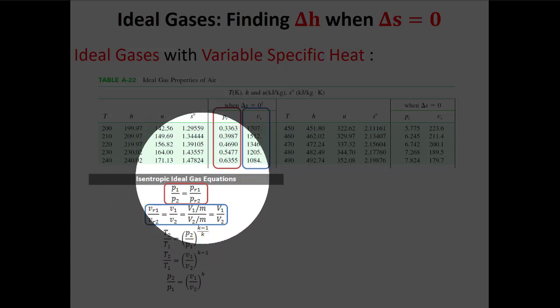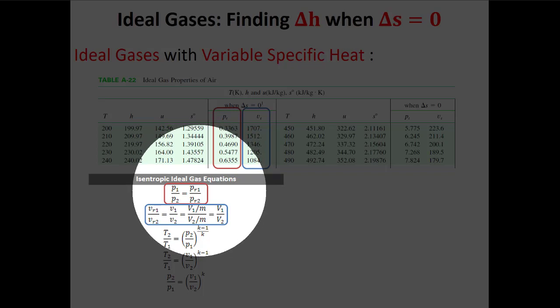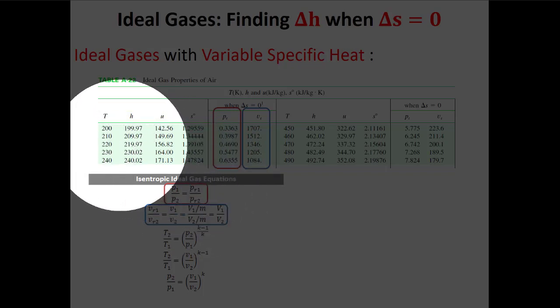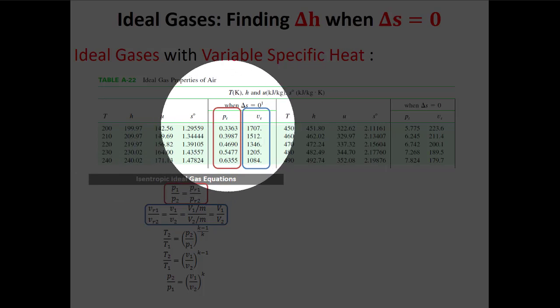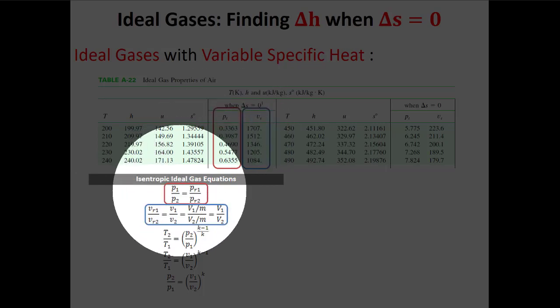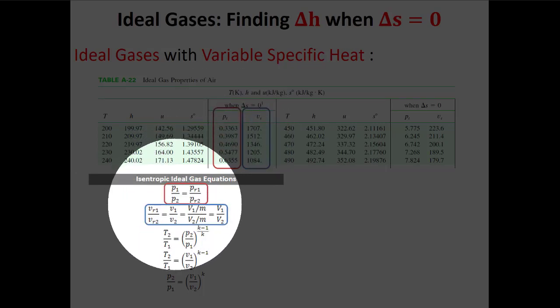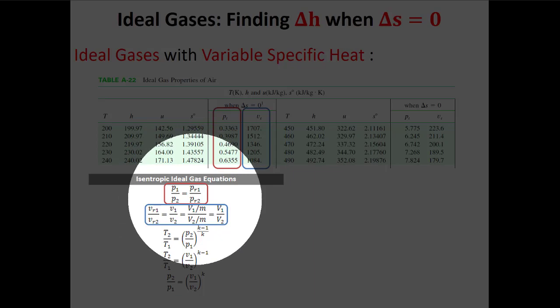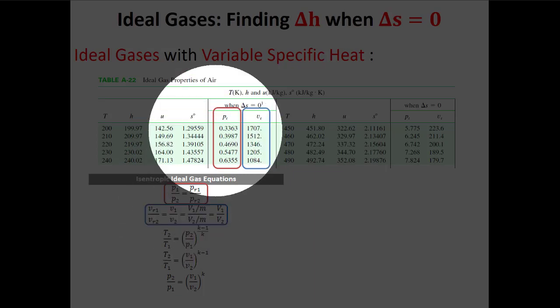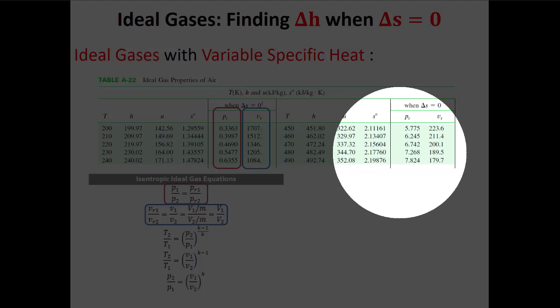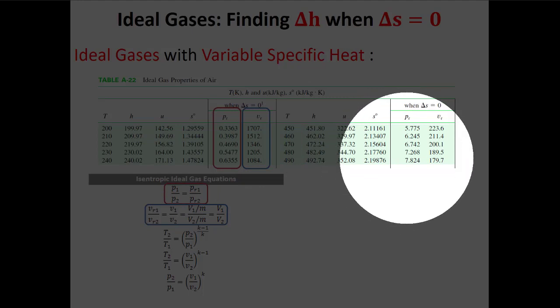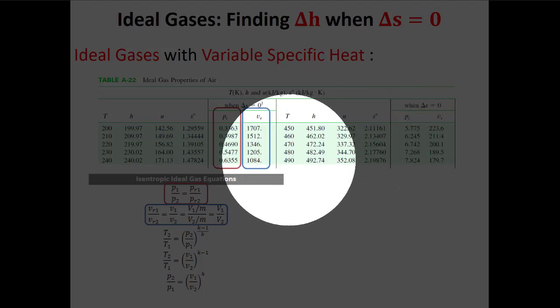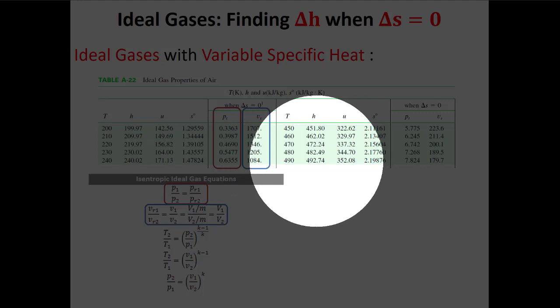Or if I had enough information to fix the inlet state of the turbine, so if I knew the inlet temperature of the turbine, I could find PR1. And then if I knew the pressure ratio across the turbine, then I could use this expression to find PR2. And when I knew PR2, maybe it's over here, then I can interpolate back and find the temperature. Or I can find the specific enthalpy.